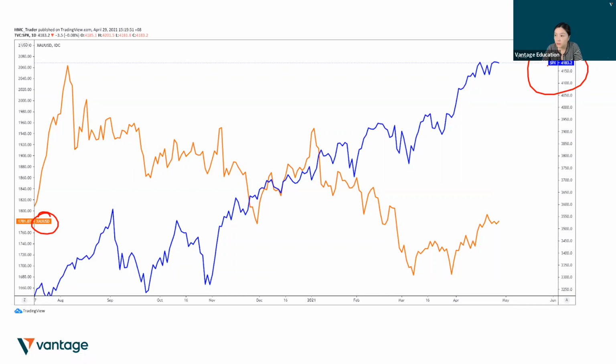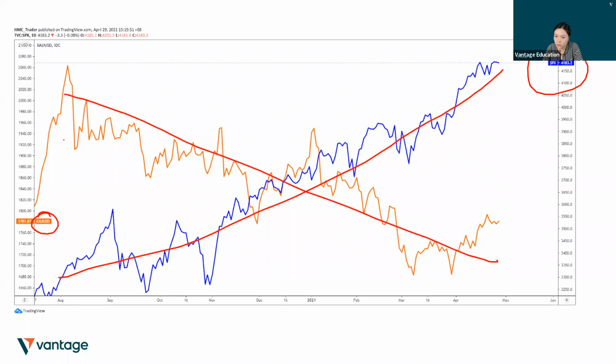So in this case, we are using our SPX. You can see that they are negatively correlated, right? Because one is going up and one is going down. But the correlation is not that strong because they are not moving in tandem, meaning to say they are not moving exactly in the same way. But overall, you can see that they are going in the opposite direction.